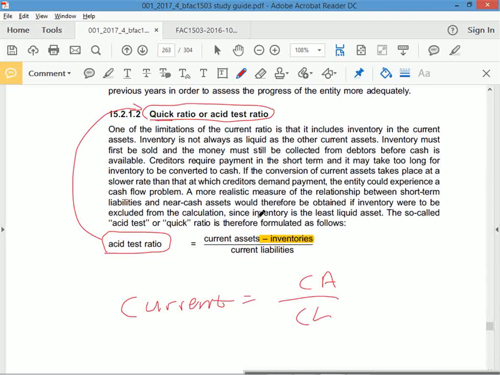Okay, so what this ratio is saying is, if I've got current assets and I know what my current liabilities are, we know inventory is also a current asset. So if I take out inventory, meaning I subtract it from my assets, then I've got what's left over. So will what's left over still cover my current liabilities?